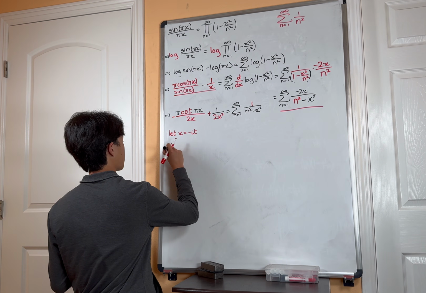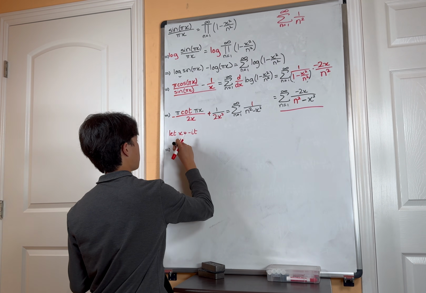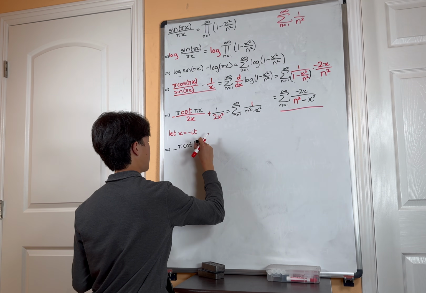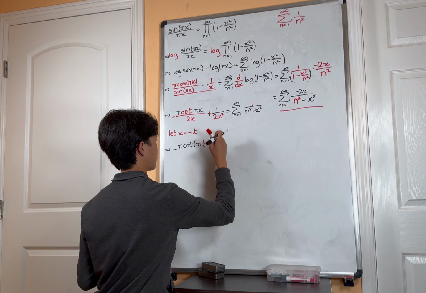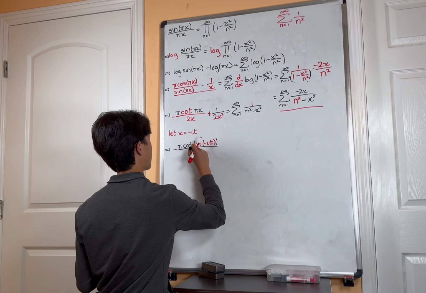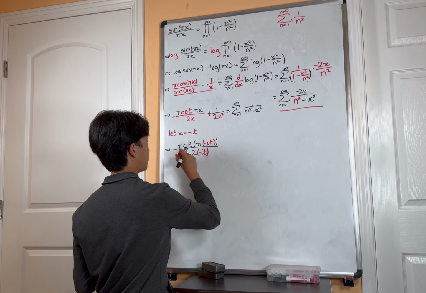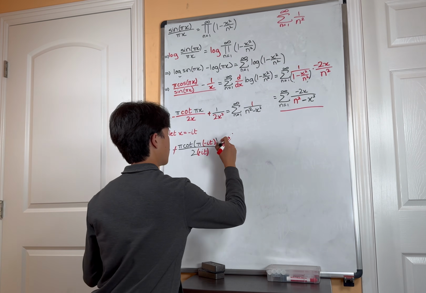Okay, so what do we get? Right here, first term, negative pi times the cotangent of pi times x, but x is negative it. And then 2 times negative it. Here you notice that this negative cancels out with this negative, so we'll deal with that in a second.